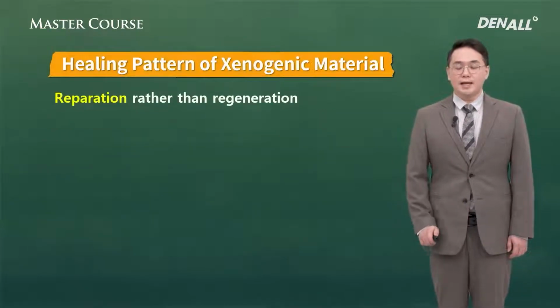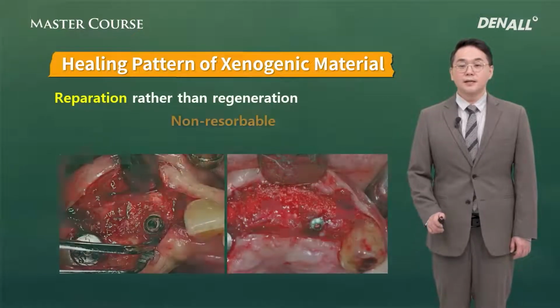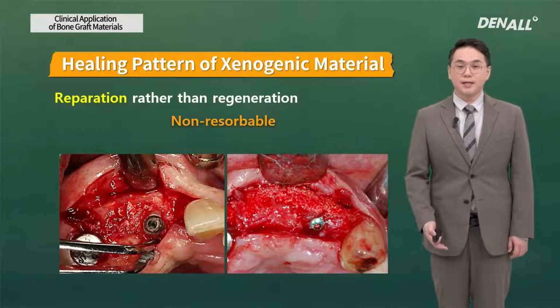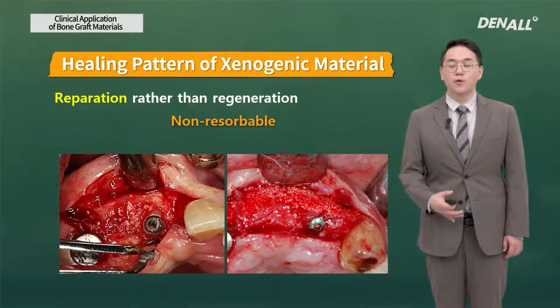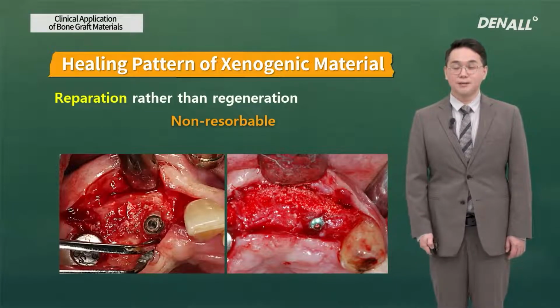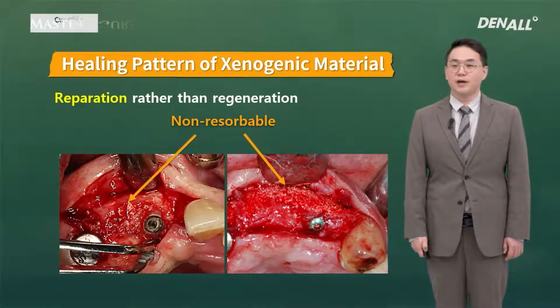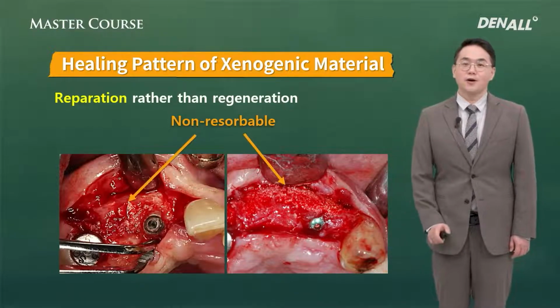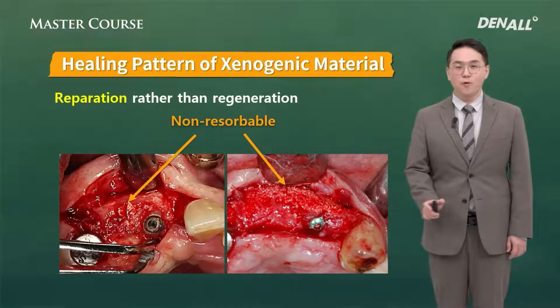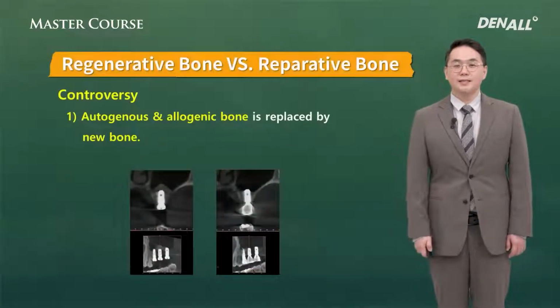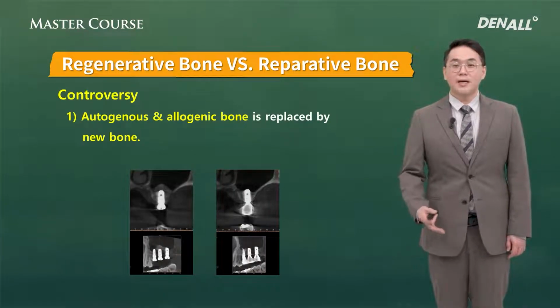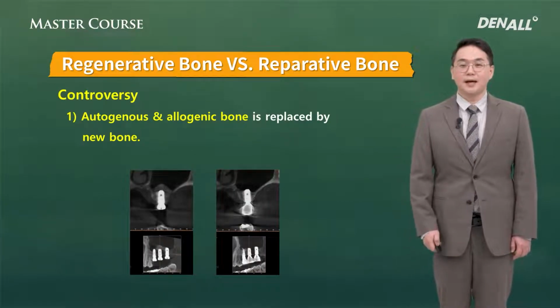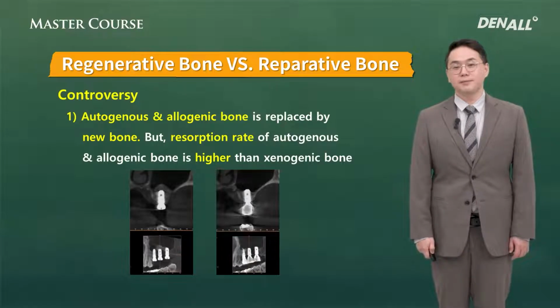In terms of the healing pattern, the xenograft is not resorbed. As I said, autogenous bone and allografts are resorbed and replaced by the patient's autogenous bone, but xenograft is not resorbed at all. A little controversy over human bone versus xenograft. Autogenous and allogenic bone is replaced by the patient's bone, but the resorption rate is very high, about 30%.